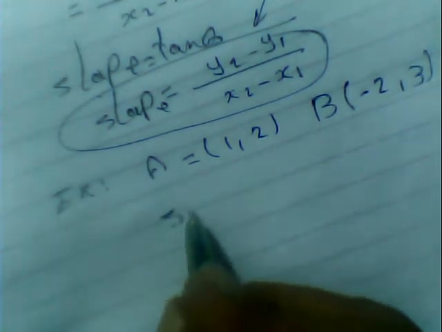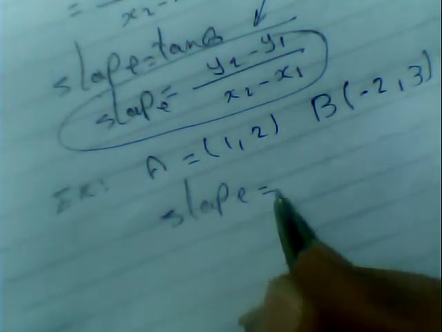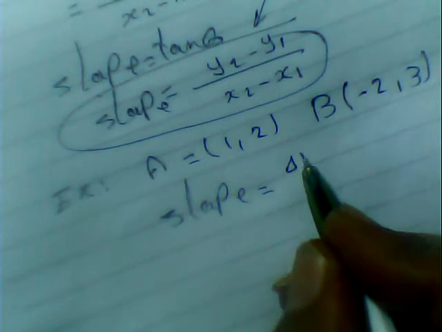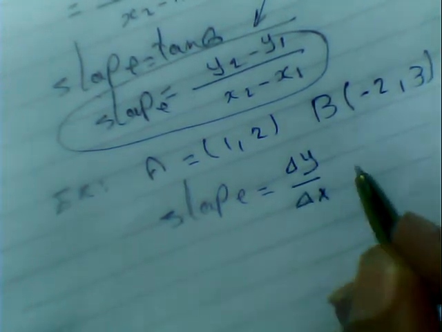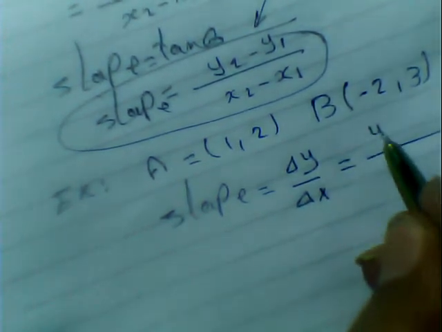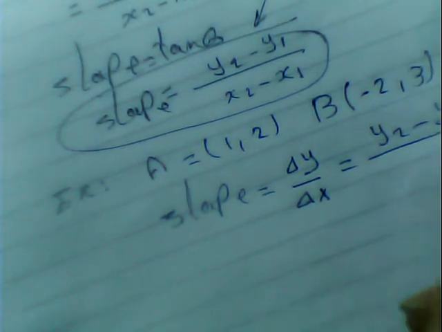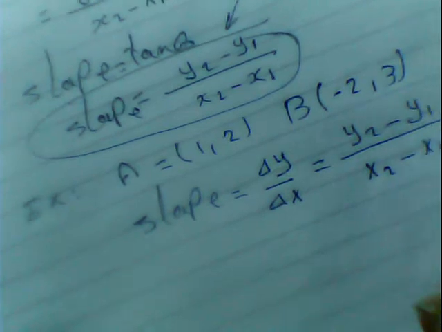Then the slope, we know, is delta y over delta x, then y2 minus y1 over x2 minus x1.